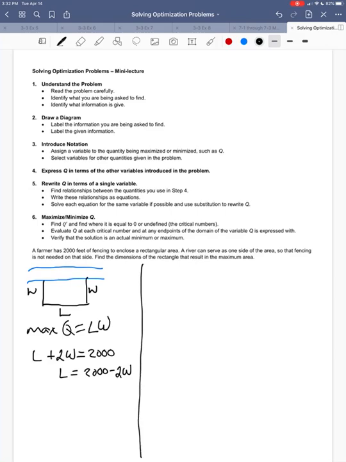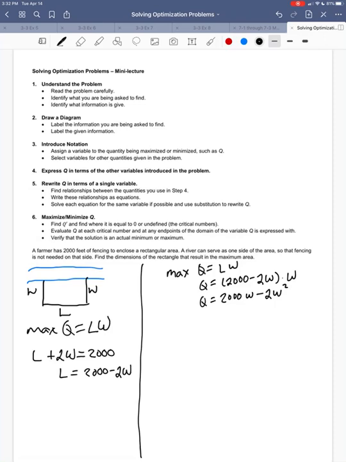To actually solve the problem then, I want to take this function Q that I'm trying to maximize. It was length times width, but I'm going to replace length with 2,000 minus 2W, and then distribute. So I get 2,000W minus 2W squared.